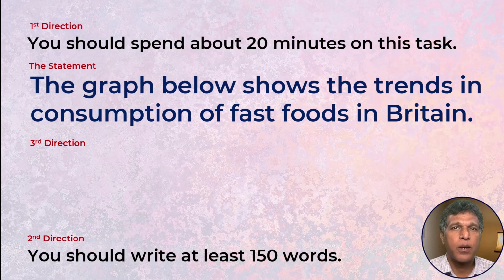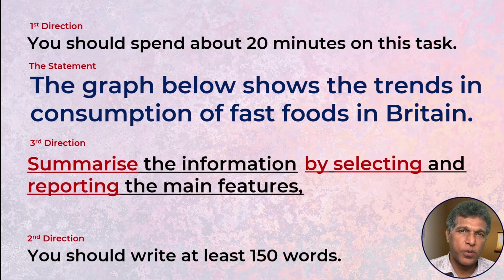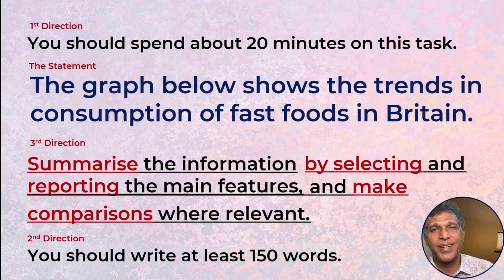First, it says summarize the information. Then select and report the main features. So you can only report the main features. We'll talk about the word report later on. Finally, it says make comparison where relevant. This is also very important. And yes, we'll talk about the word comparison later.